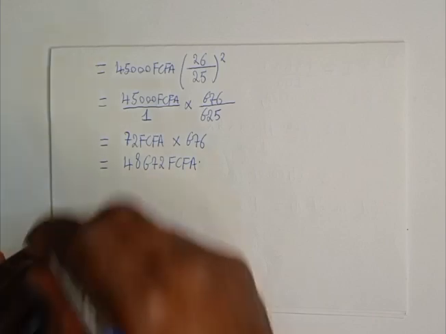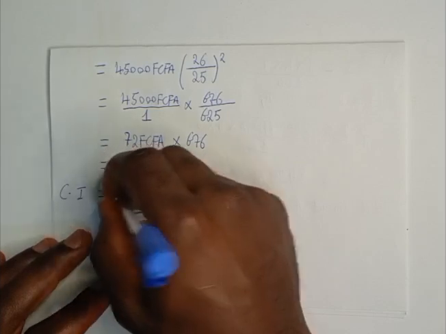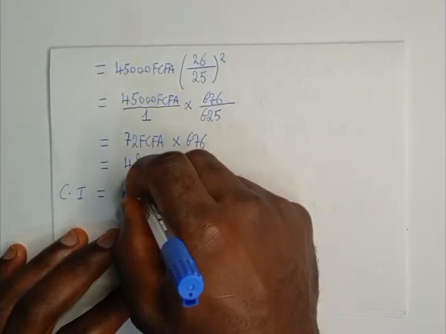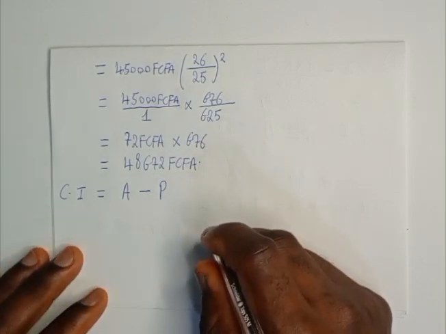This amount we have has the principal which is being invested at the beginning and the compound interest. Now we need to find the compound interest. Our compound interest is simply equal to, we take the amount minus the principal which is invested at the beginning.